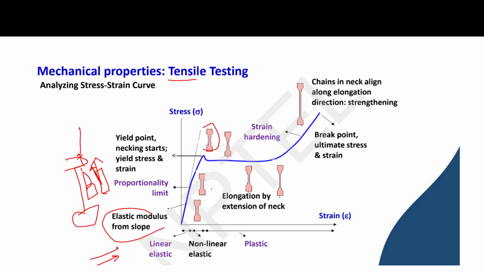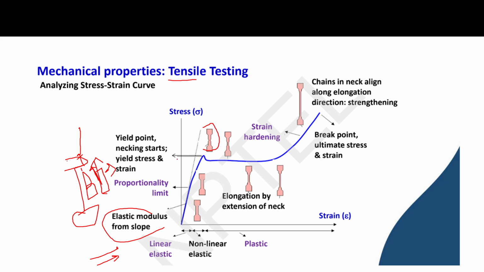They are non-elastic material, so it will never come back to its original position. If you apply the load, and after the load is released, it will never come back to its original position. Then it's called the non-elastic mode.